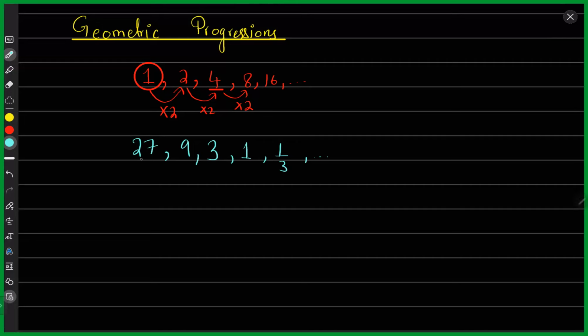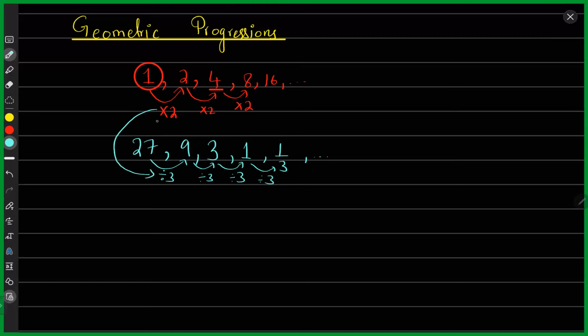So it's 27. We are doing 27 divided by 3 to get 9. Then 9 divided by 3 to get 3. Then 3 divided by 3 to get 1. And then 1 divided by 3 to get 1 by 3. So what is the idea?